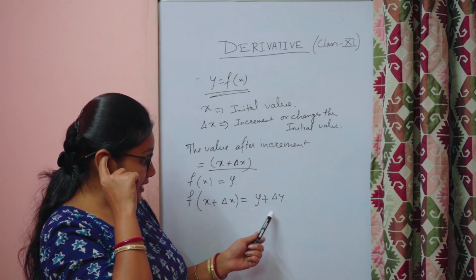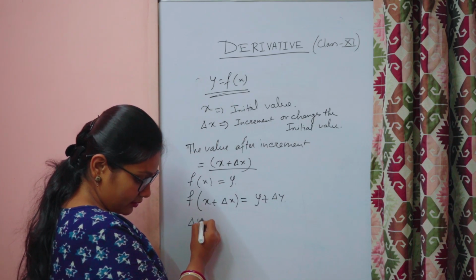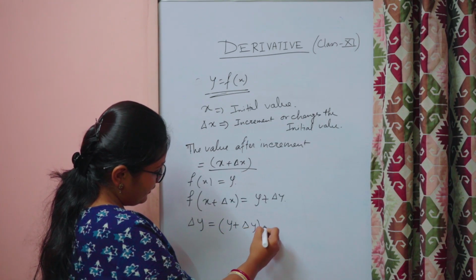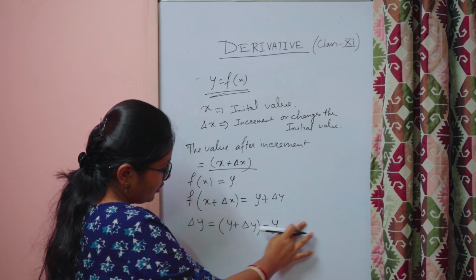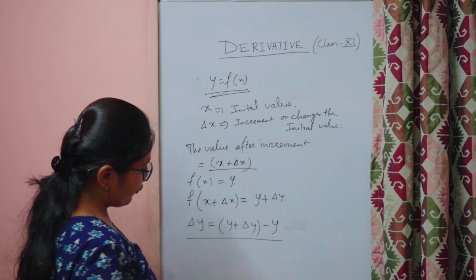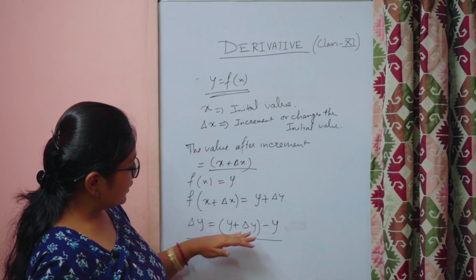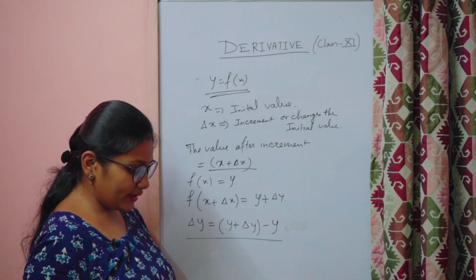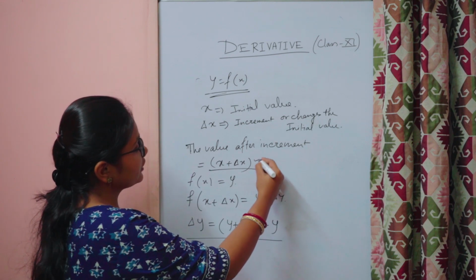Now what is the increment value for y? So del y is equal to y plus del y minus y. This is the increment value for the dependent variable. Now if we find the rate of this, you will get the differentiation. This increment is for the value of x.